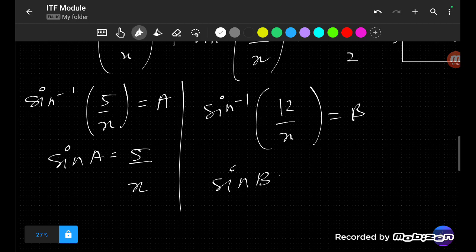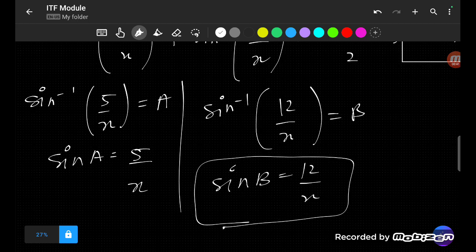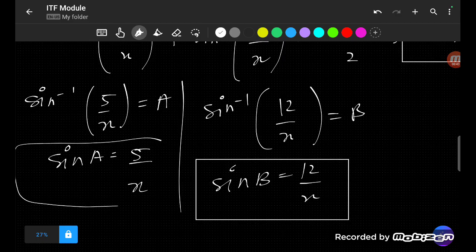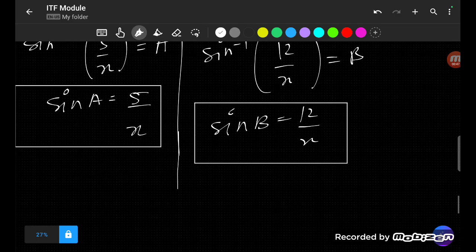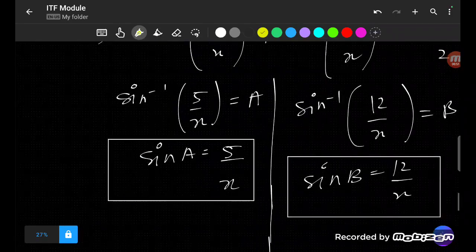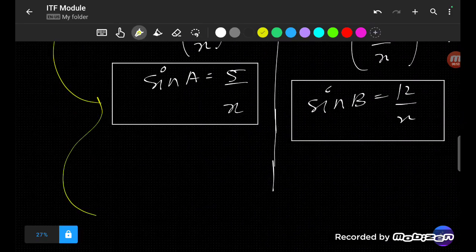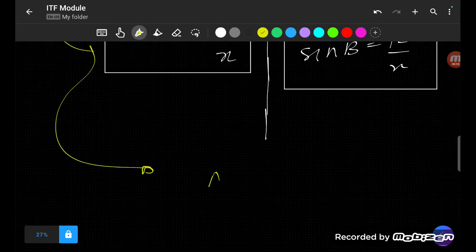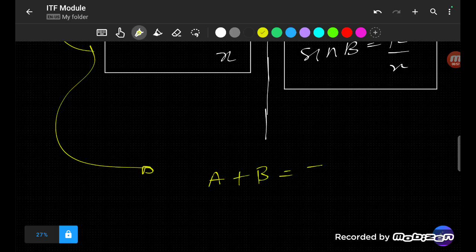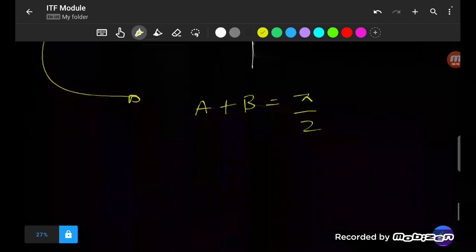Sine b equals 12 by x. And then we have sine a here. So there are two values. This is a plus b equals pi by 2.